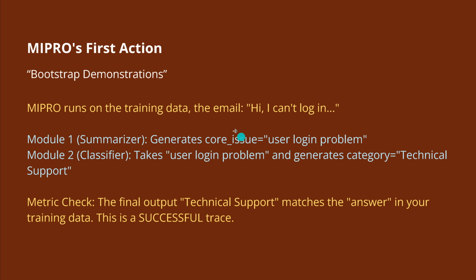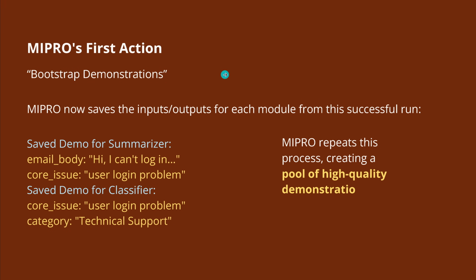Now, if it runs on this and it gets the right answer, and the metric says yes, 100%, this is it, we have a successful trace. What is MIPRO doing with this demonstration? It saves it. So a saved demo for the summarizer might be: email body, hi, I can't log in, core issue, user login problem.